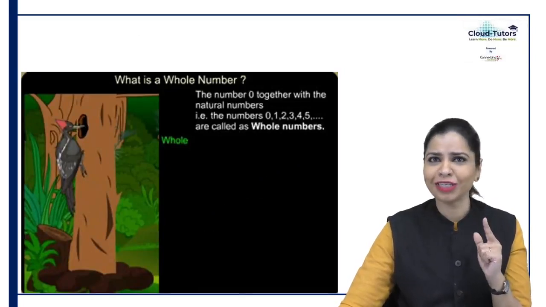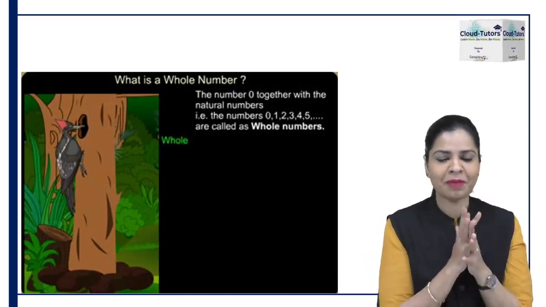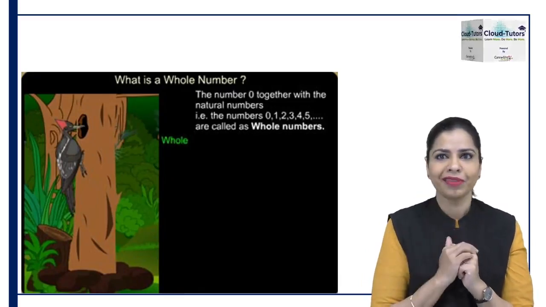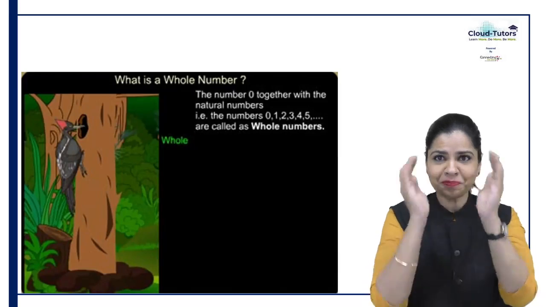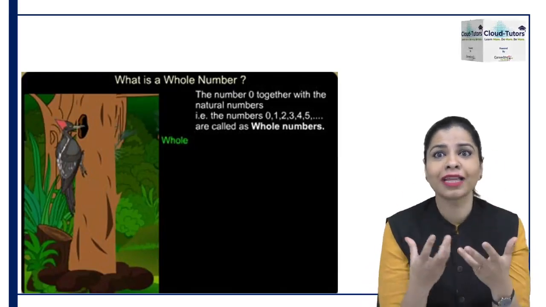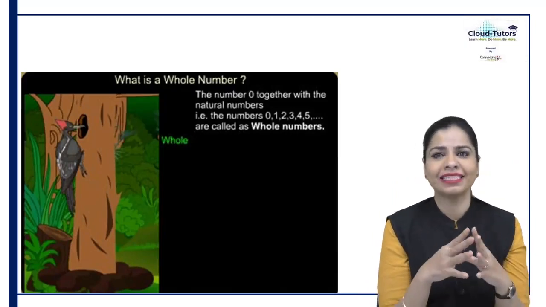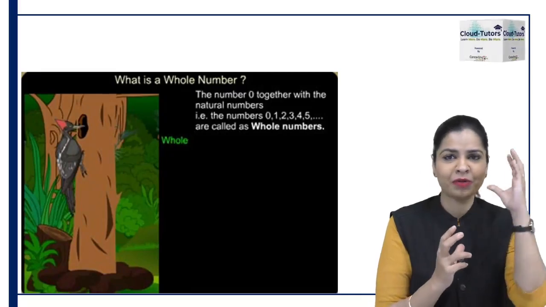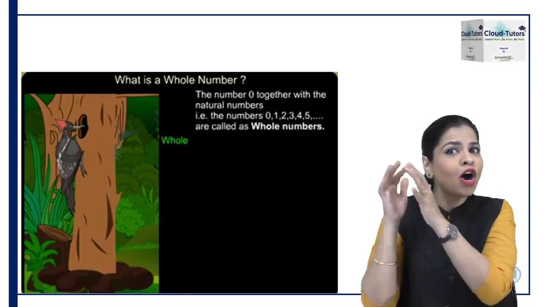Why do you call it a whole number? Is it because of the image? You can see there's a woodpecker making a hole in it. And how does this hole look like? A hole looks like a 0. That is the reason. No, not really, but it is easier for us to relate a 0 which looks like a hole to a whole.